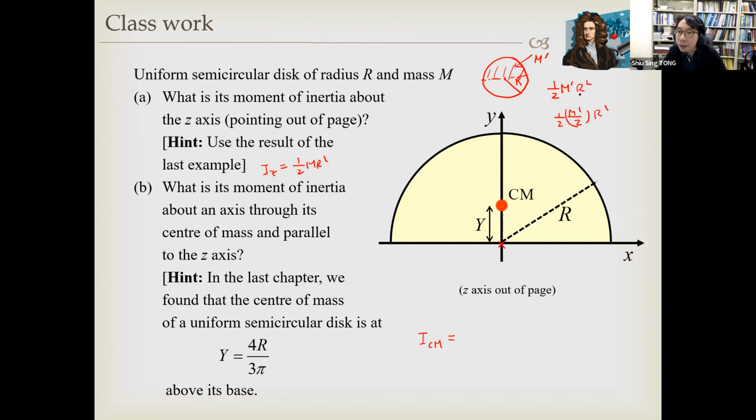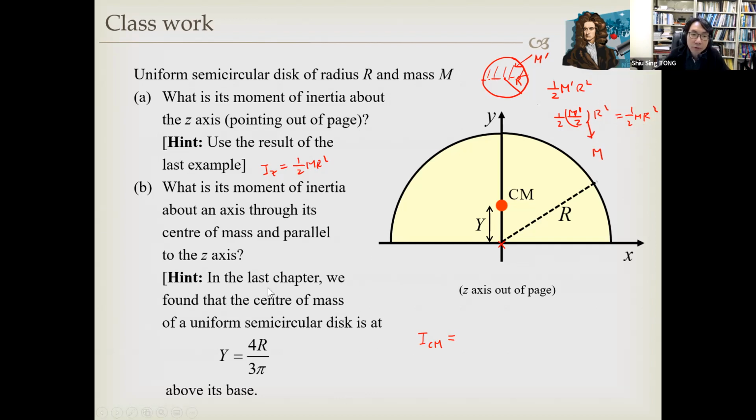But now if I redefine the mass of half a circle as m, if I define m prime over 2 as m, that becomes what? That becomes half mr², just like a full circle. The problem lies with the different definition of m. It's just because m is defined differently in the two problems. Okay.